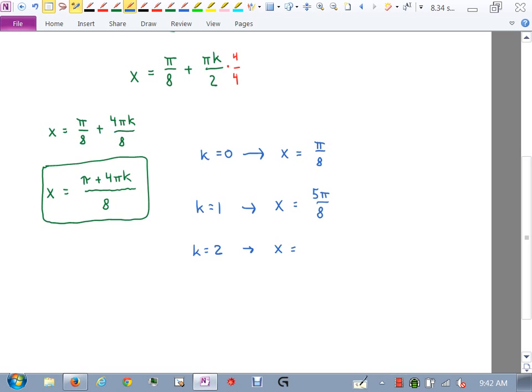Is 9 pi over 8 inside 0 to pi? Yes, because 9 divided by 8 is still smaller than 2. You can see we're going to have a few more, right? Okay. K equals 3. If k is 3, you get, what, 12 pi plus a pi is 13 pi over 8.